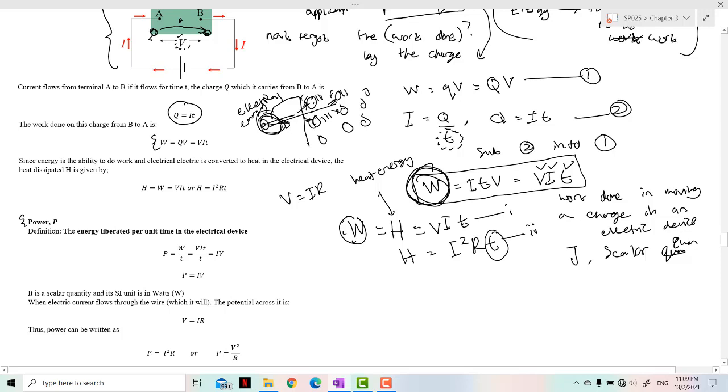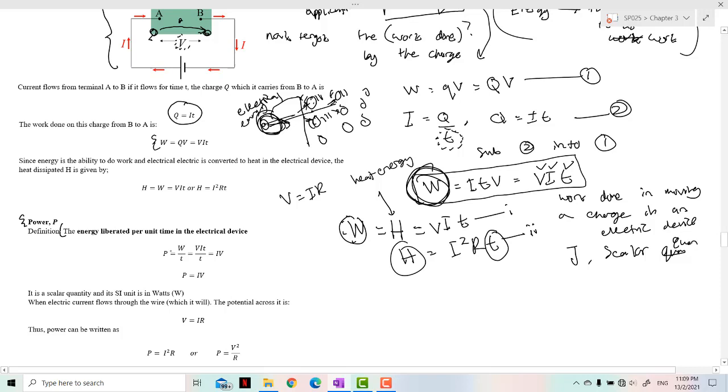Because when we use an electrical device, we look at whether it's 10 joules or 10 watts, but in that quantity, we also want to see the time over which the energy or power is used. So how much of the electrical energy has been converted to heat energy per unit time.